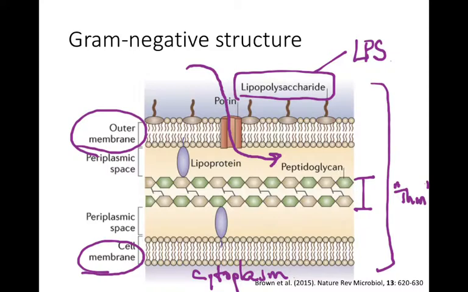This is important because that cell membrane is impermeable to polar molecules, as we discussed before. Again, gram-negative bacteria, like gram-positive, will have these lipoproteins helping to anchor the peptidoglycan between those two membrane structures.